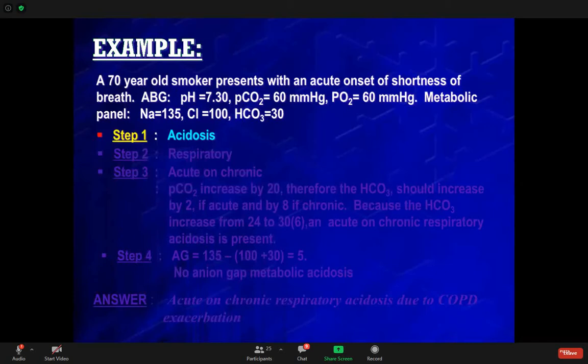So the next step is we want to decide, is this respiratory or metabolic? So we look at the pH and your CO2. The pH and CO2 go in opposite directions, right? So your pH is going down, so you're acidotic, but your PCO2 is going up. So this is a primary what?